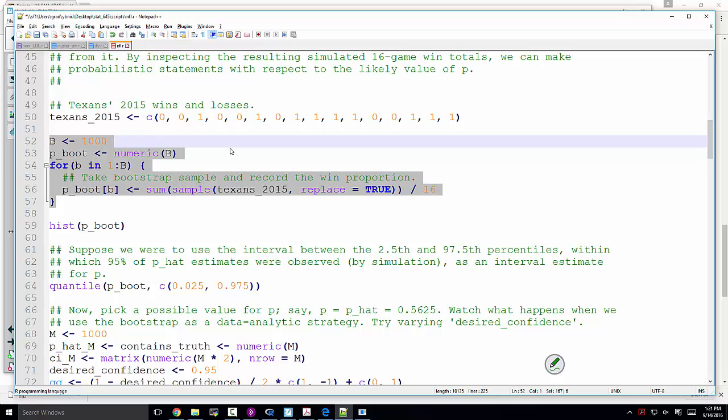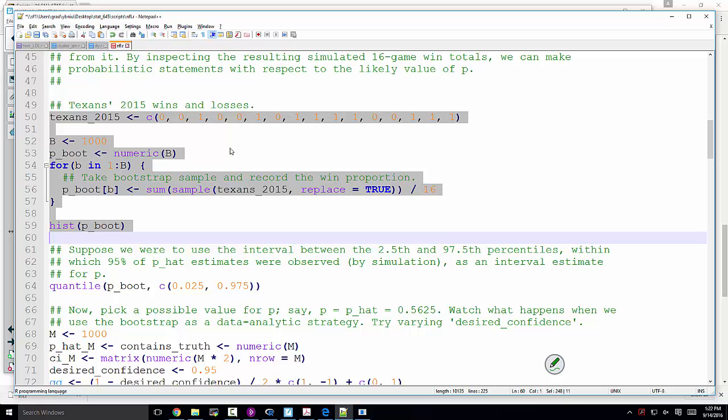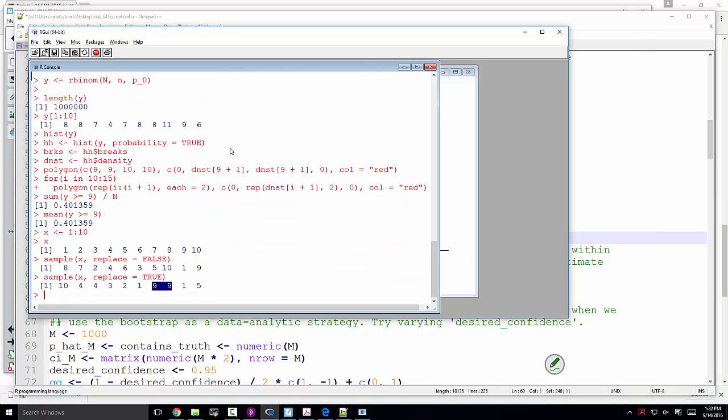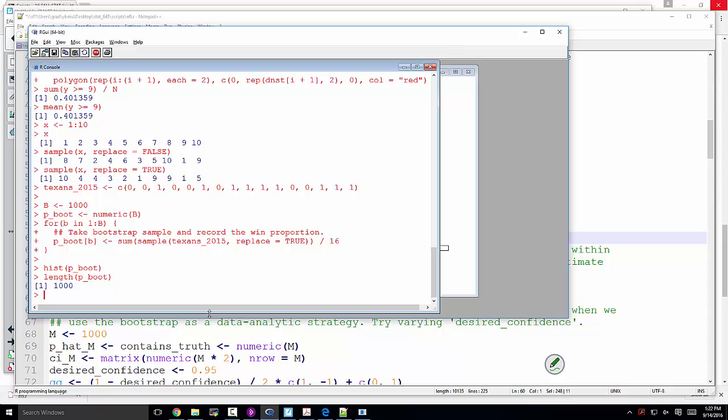This loop is going to compute 1,000 p-hats. Our observed p-hat was 9 out of 16. Now we're going to have 1,000 p-hats that are just like ours. Bona fide estimates, as if we took a new sample from the population. So let's run this, and I'm going to make a histogram of the resulting 1,000 p-hats. P-boot. 1,000 numbers. Here's the first 10 of them.